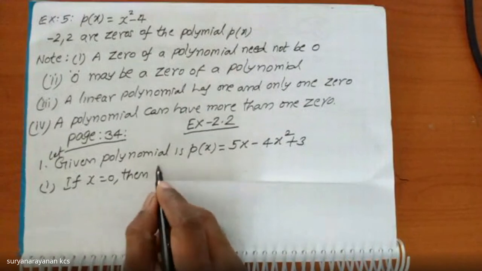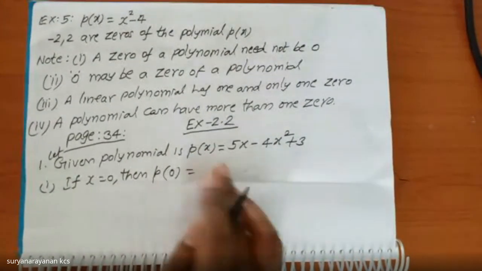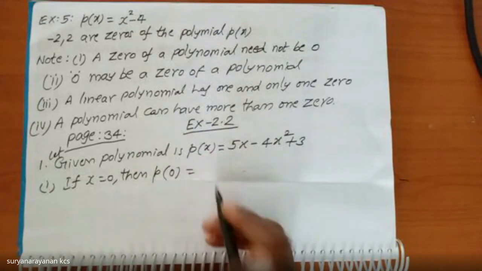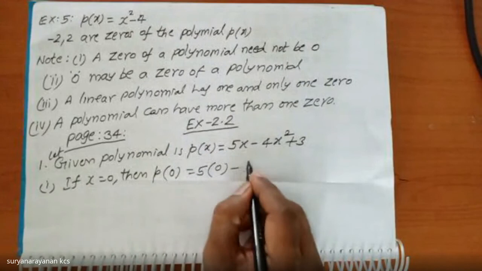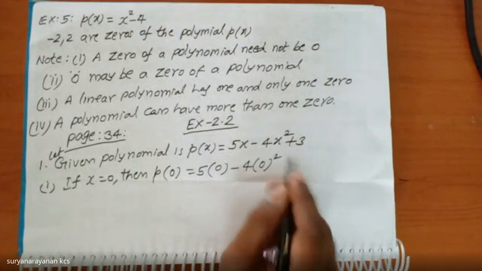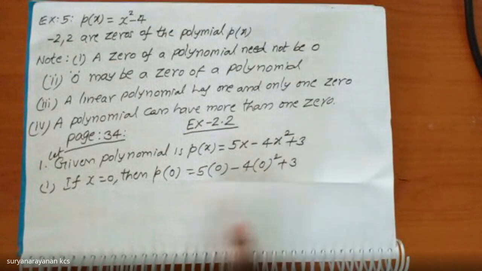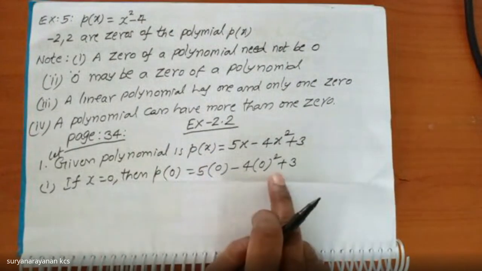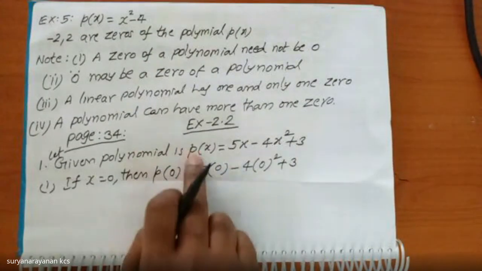P of 0 is equal to 5 into 0 minus 4 into 0 square plus 3. Understood this step, my dear children?